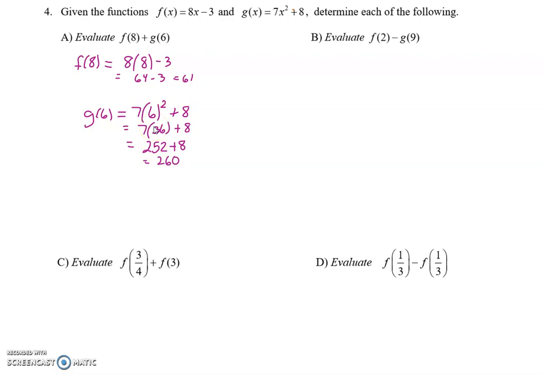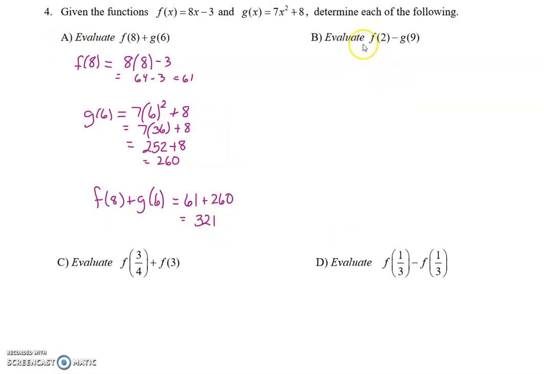And we're being asked to add those two together. So that's our next step. We're going to evaluate f of 8 plus g of 6. So 61, which is f of 8, added to 260, which is our g of 6, and that gives us 321. Okay, so that's part A.